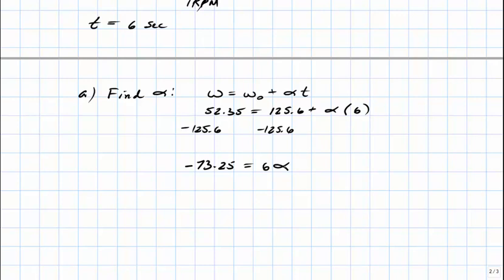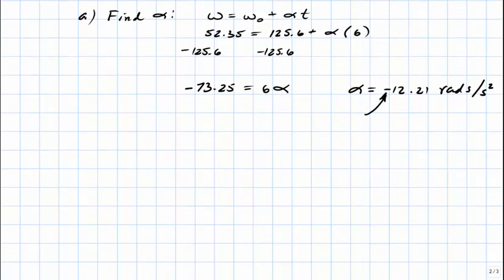And if we divide both sides by 6, alpha equals negative 12.21, and the units for alpha are radians per second squared. Note that we obtained a negative value for alpha, and that's because the flywheel is slowing down.